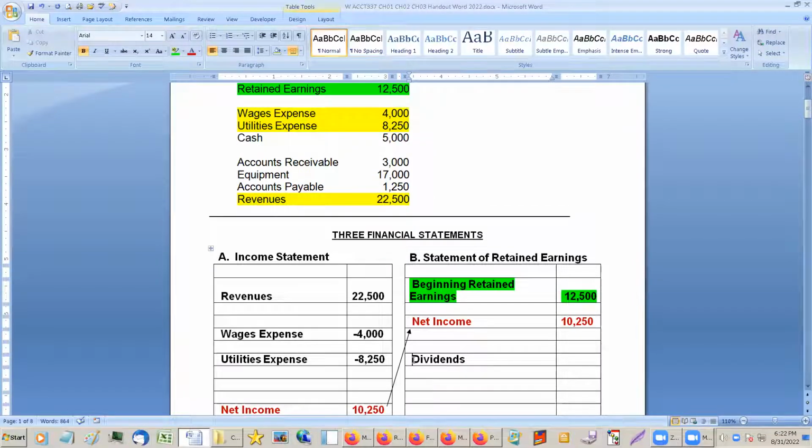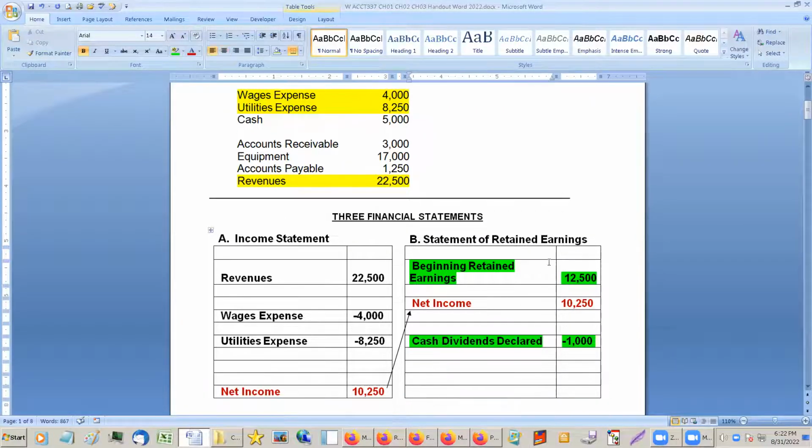Say cash deficit, and put that as a negative because that's money coming out of the piggy bank. And then we'll end up with our ending retained earnings, what's left in the piggy bank.